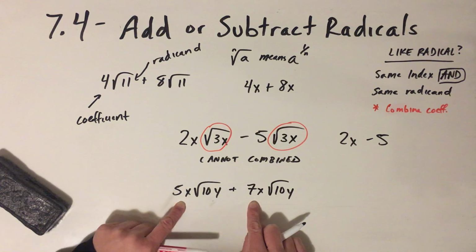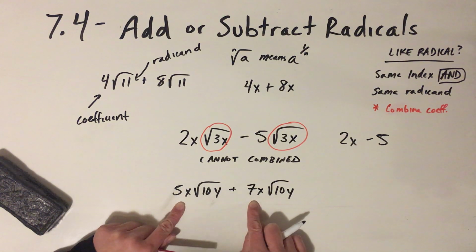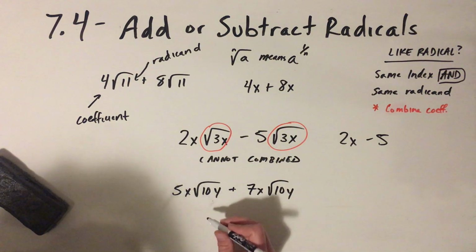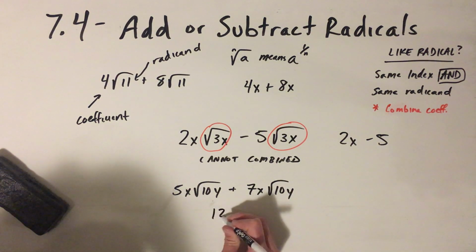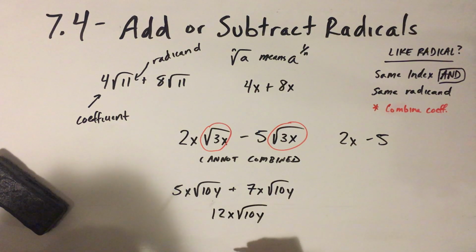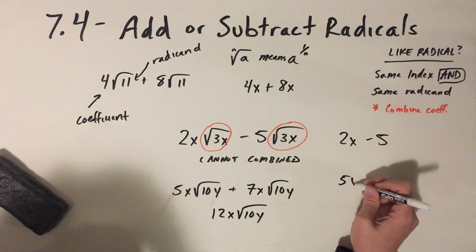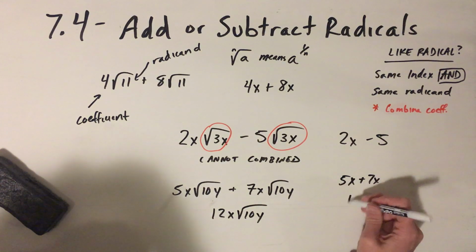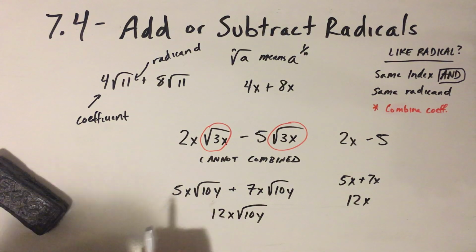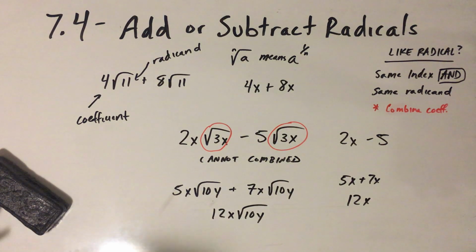I can combine 7x and 5x. So when I combine these, I would get 12x square root of 10y. Just like if I combine the 5x plus the 7x, I'd just get 12x. So my coefficients combine the same way. So on the outside, you also have to have like terms.